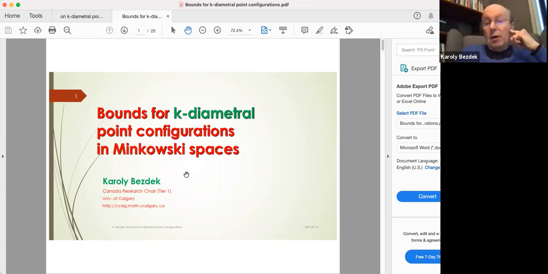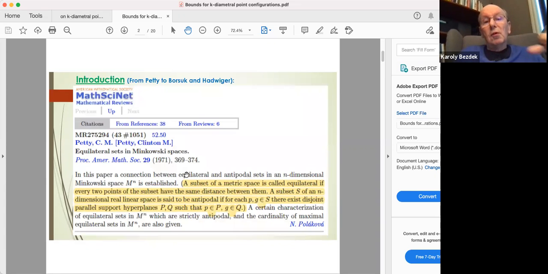Excuse me. So let's see. This starts with an old paper of Clinton Petty, which was published in 1971. And as you see in the title here, Petty was dealing with a very simple geometric question. He looked at equilateral point sets in a given finite dimensional norm space.